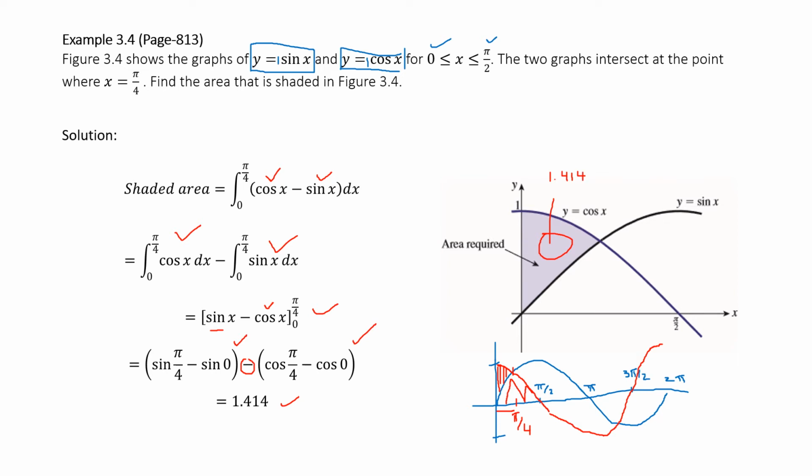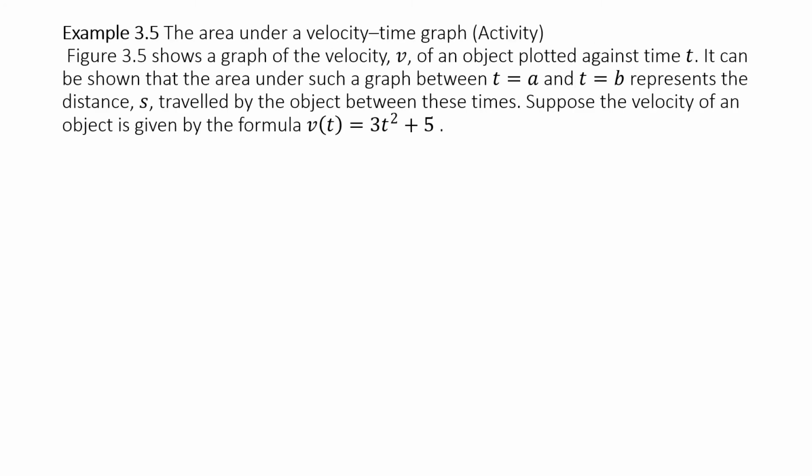Well, next, a lot of reading. Example 3.5, area under a velocity time graph. Okay, the velocity time curve will be like this, so this line is for time, this line is for velocity.